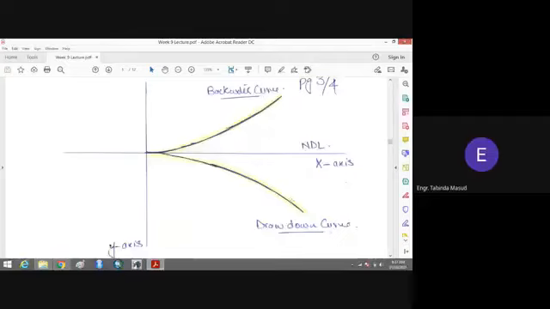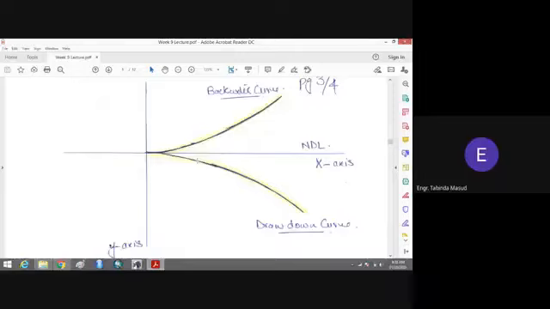These are the basic shapes of the backwater curve and the drawdown curve with respect to the normal depth line. And remember that when you draw the backwater curve and drawdown curve with respect to the normal depth line, they will be tangent. You can see in the starting, the curves are tangent to the normal depth line. This curve is also tangent to the normal depth line. So these are the important shapes which you have to remember.